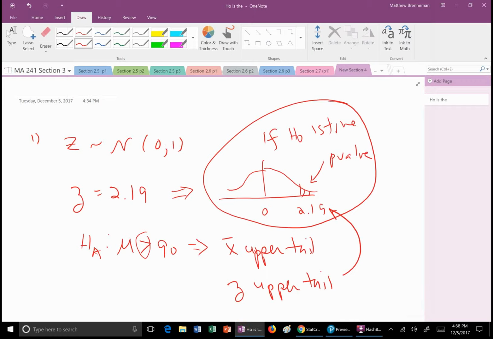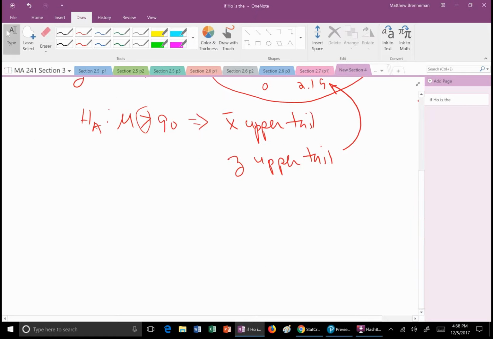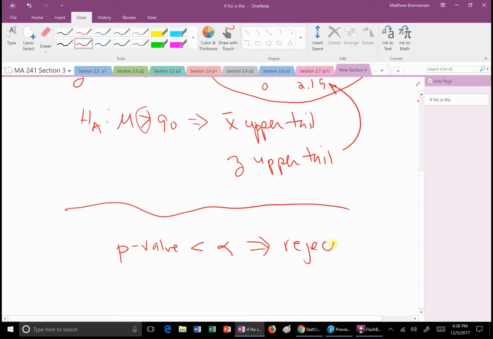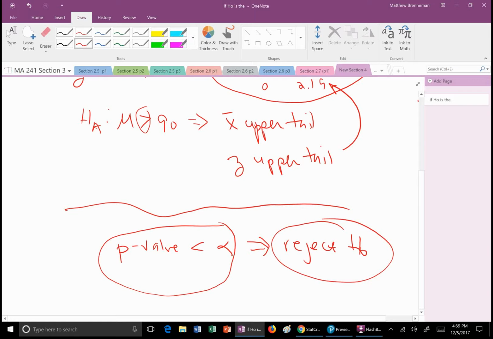For problem 2, the way we make our statistical decision is if the p-value is less than alpha, then we reject H0. Sometimes people say this little rhyme: when p-value is low, H naught must go. In other words, when the p-value is low, it's less than alpha, H naught must go.